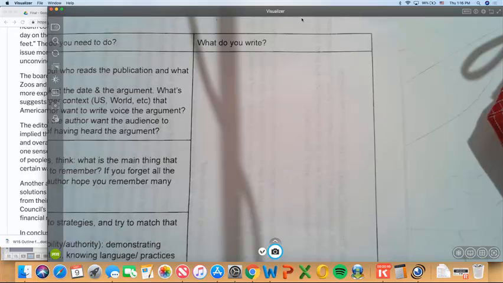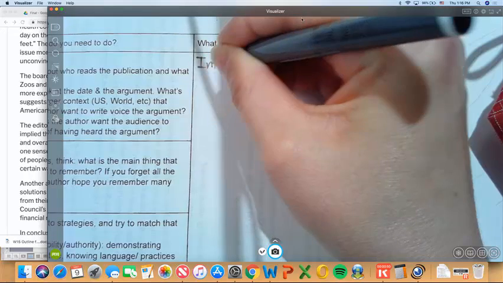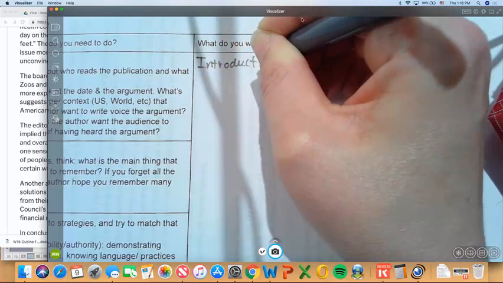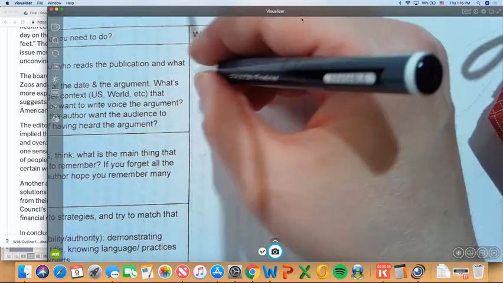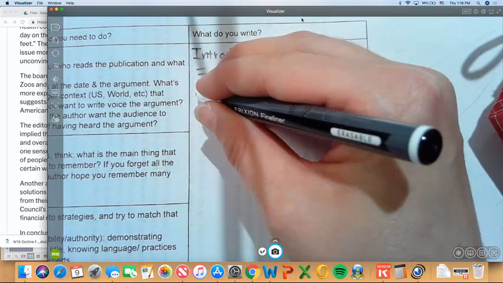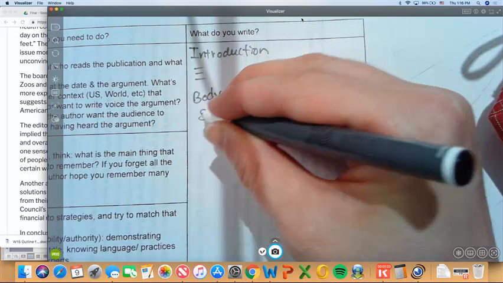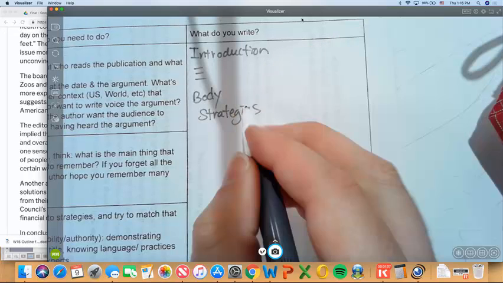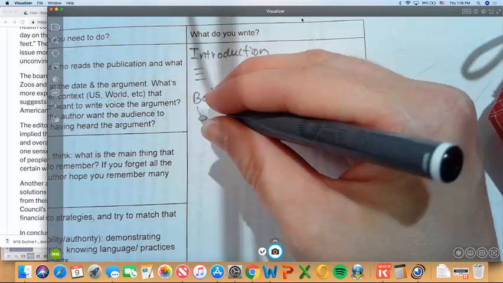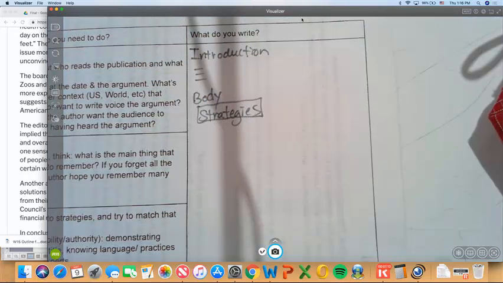So you have your introduction, and then we have the information that you have there, and you have your body. And when you have strategies, you actually have a good amount of information about what you need to be putting when you write there.